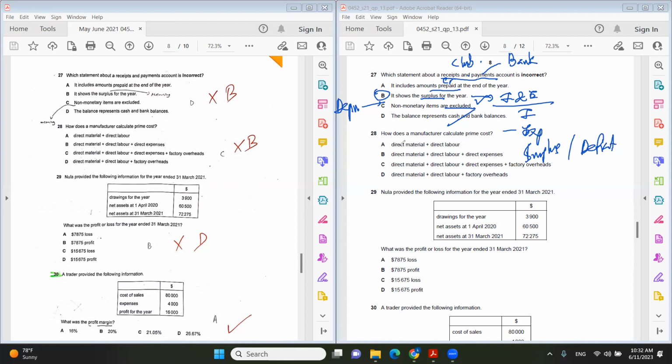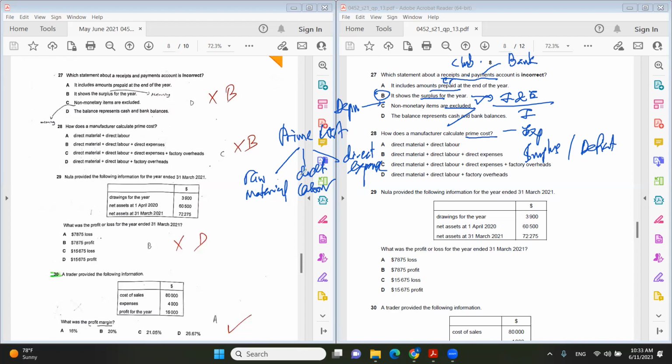Okay, 28. How does a manufacturer calculate the prime cost? The prime cost has three components: raw material, and then direct labor, normally the workers who work in the factory, and then direct expenses. So in the list here, direct material is this one.